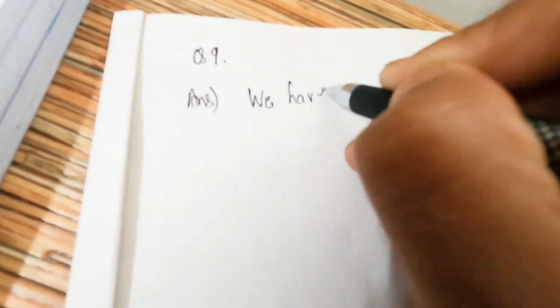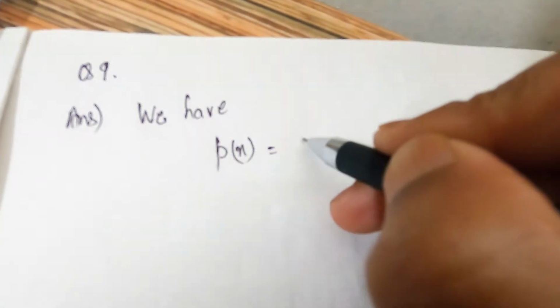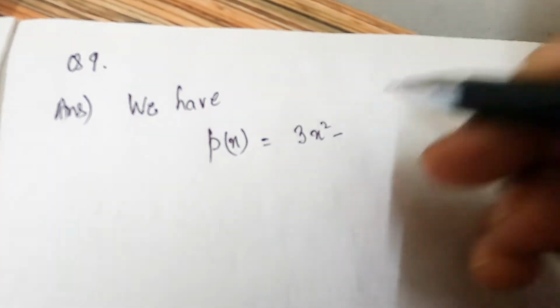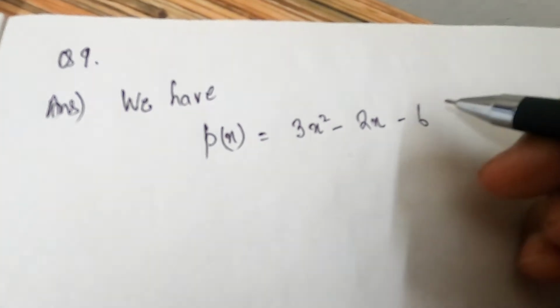Question number 9. Here we have p(x), that is the polynomial of x, is equal to 3x square minus 2x minus 6.